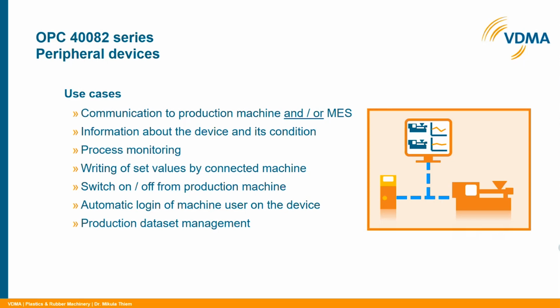Then we often have a method or function to log in, or automatically log in, the machine user on all connected peripheral devices, which makes it easy for the operator. And often we also have some production dataset management, to be able to send a production dataset as a black box with standardized metadata.